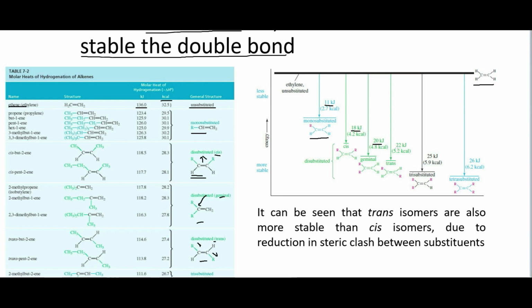Then we get up to trans, which is 22. So we see that the trans is more stable than the geminal or cis. And we could see that because there is going to be some steric clash between the R groups on here and on here. And so that's going to make those a little bit less stable. So this trans is actually more stable.